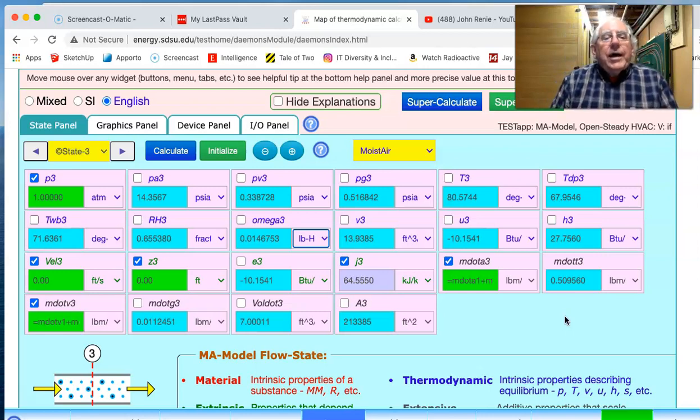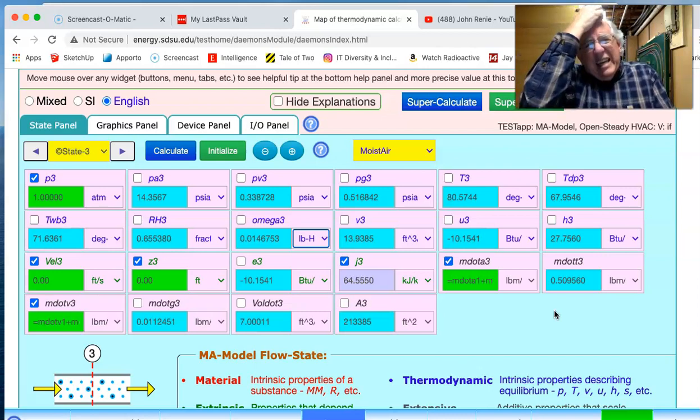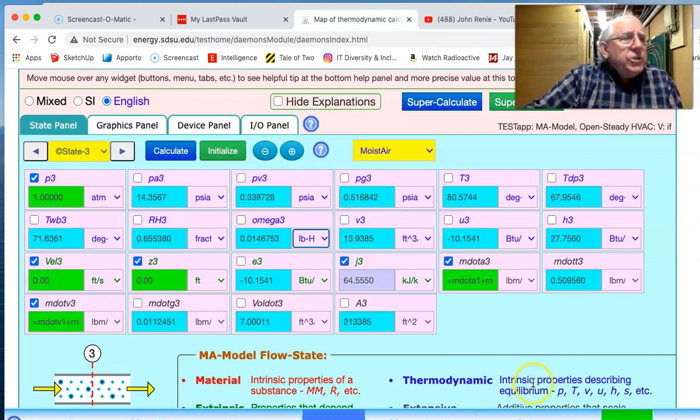process. And so as I said, we're going to go ahead and take this stream of air and moisture and go through the conditioning unit. And so as it goes through the conditioning unit, a couple of things are going to happen. One thing is that there is going to be moisture that is removed, and the air is going to come out at a different condition.